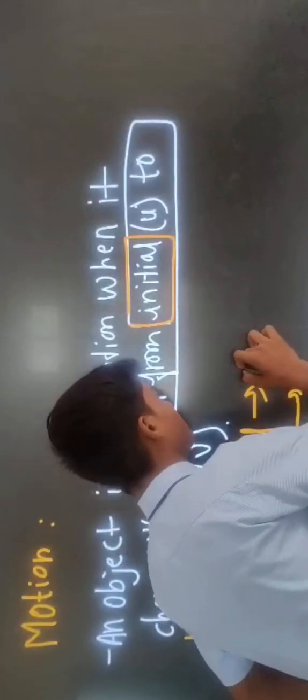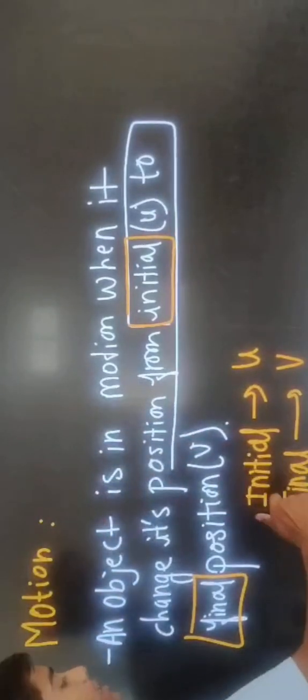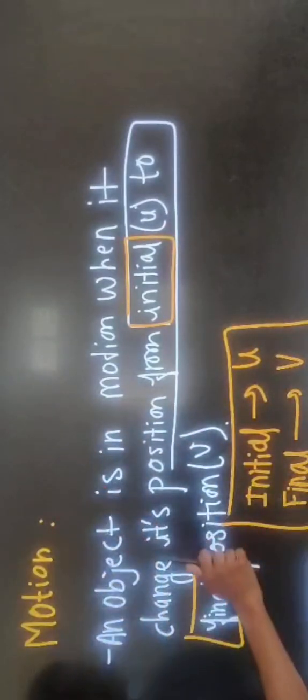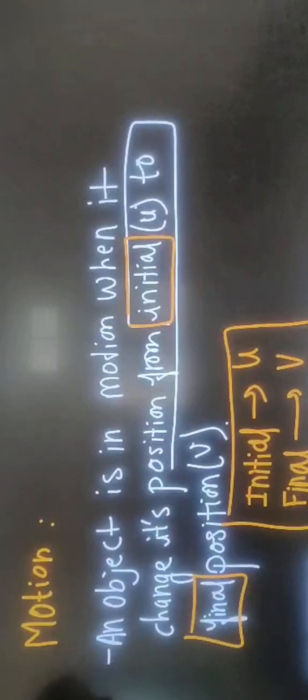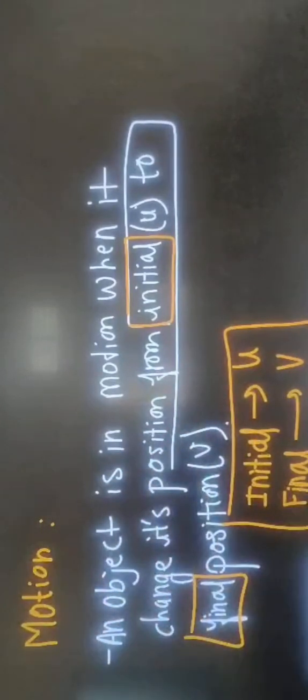Initial is denoted as U, final is denoted as V. So you can write this important point. Note it down in your notebook, it is very important. So now the next point is rest. Okay, rest.